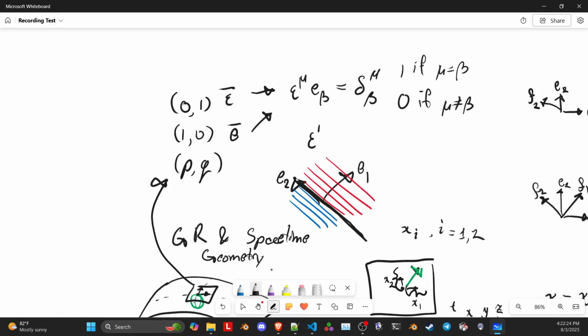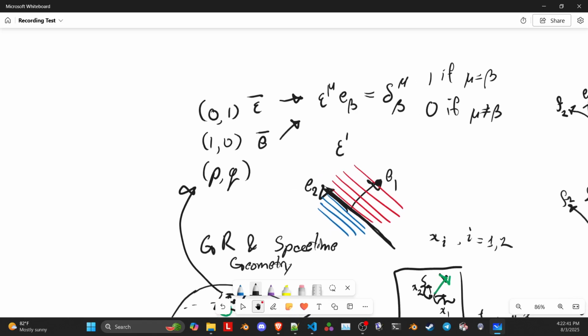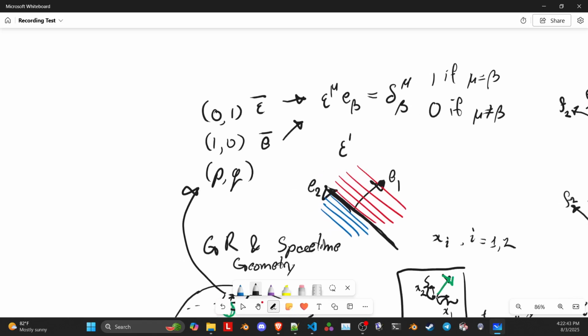And red denotes an increasing value, blue denotes a decreasing value. And the value 1 just happens to take place at the tip of E1 and along that entire line. And that's how you can picture this dual basis of what it represents geometrically. But algebraically, it's just another collection of symbols, and you can determine them by this rule.